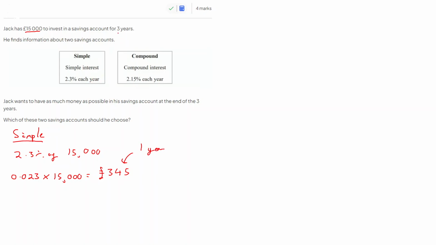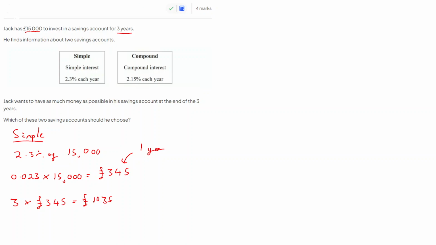But he's putting it in his account for 3 years, so it's just going to be 3 times that £345, which is equal to £1,035. So Jack will gain £1,035 after 3 years in the simple interest account.